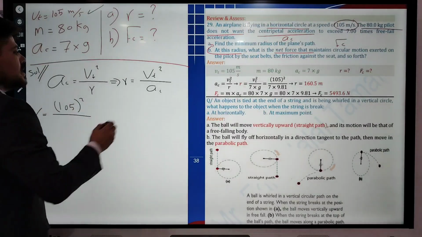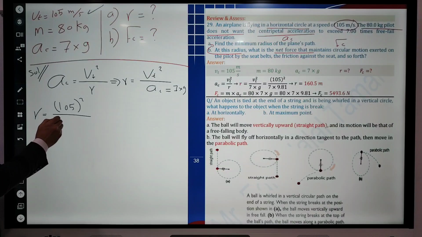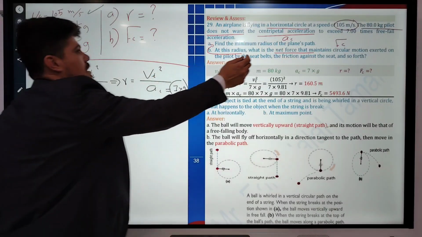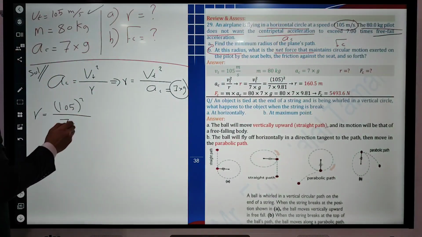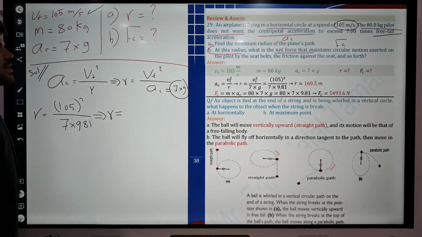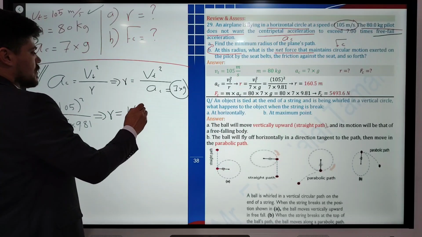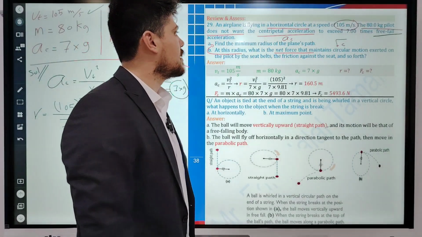Do we have AC? Yes, it is equal to 7 times G, 7 times free fall acceleration. G is equal to 9.81. R is equal to 160.5. This is the radius of the plane's path.